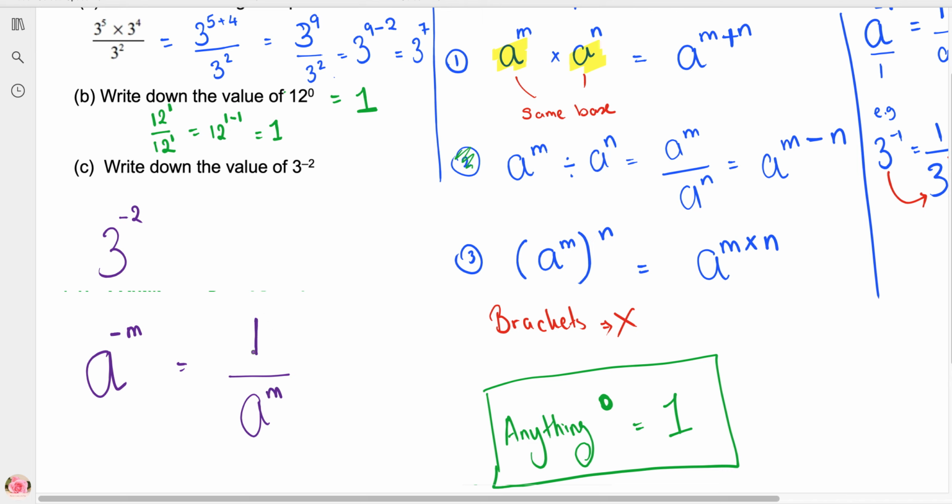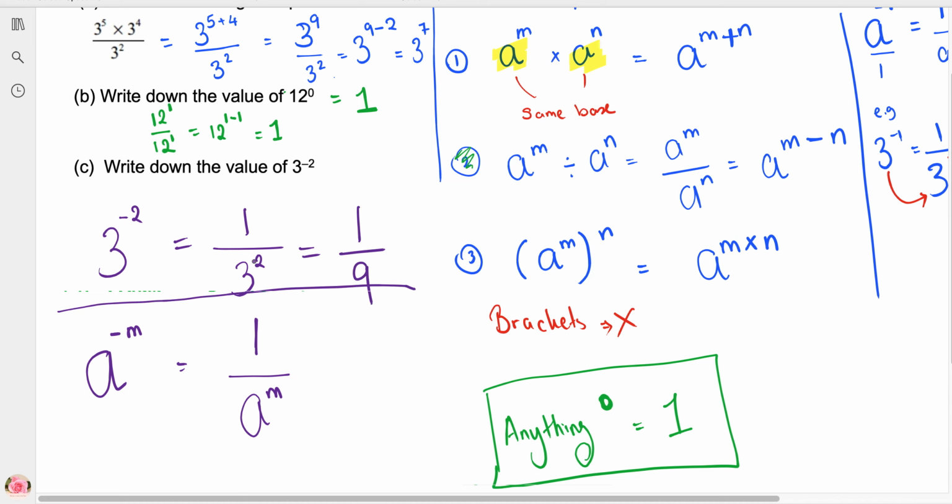And the numerator, you keep as 1. So take that down, change the sign, put a 1 on top. So the answer is 1 over 9.